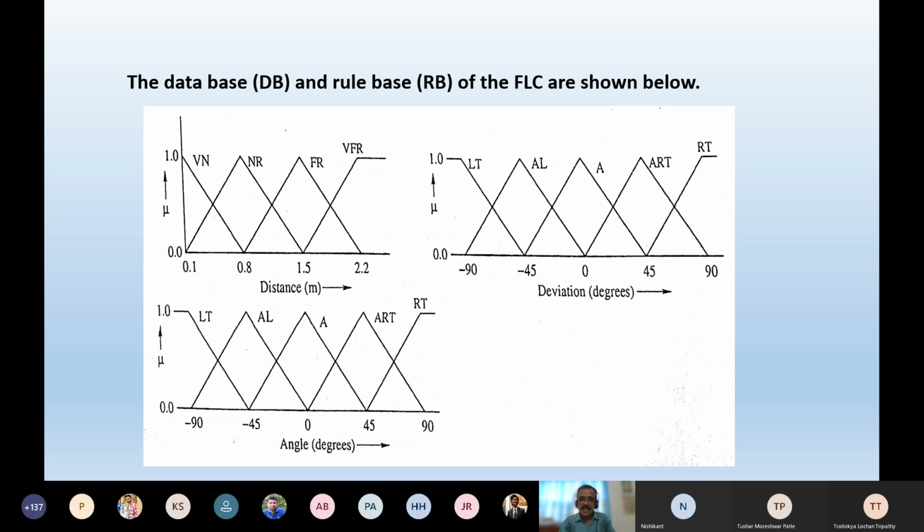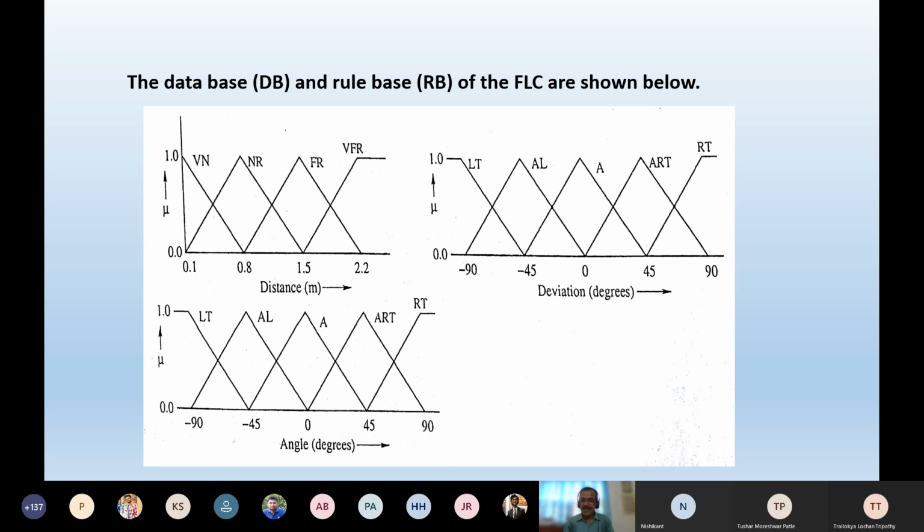Now this angle 30, I'm here on the input side. So 30 can be called ahead right with some membership function value. It can be called ahead with some other membership function value.